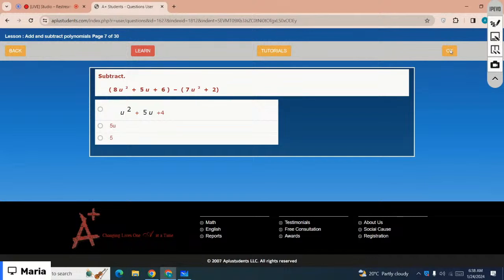The correct option is u square plus 5u plus 4. Option number 1 is the correct option.